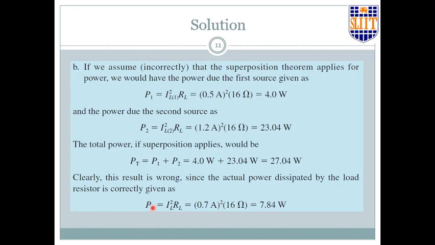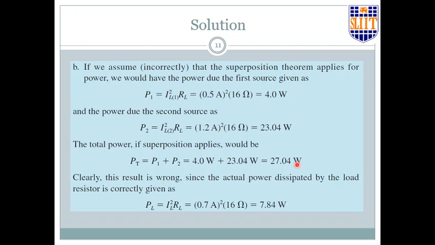However, the actual final power dissipation becomes 7.84 watts, which is not equal to the value that you get here. So that means for power you cannot use the superposition theorem.